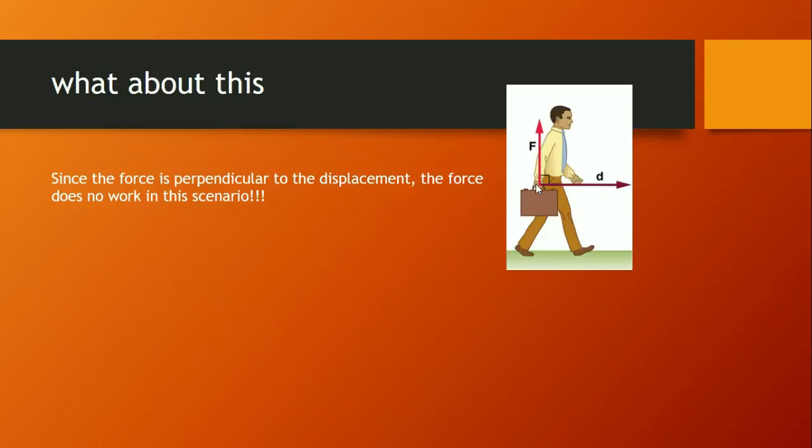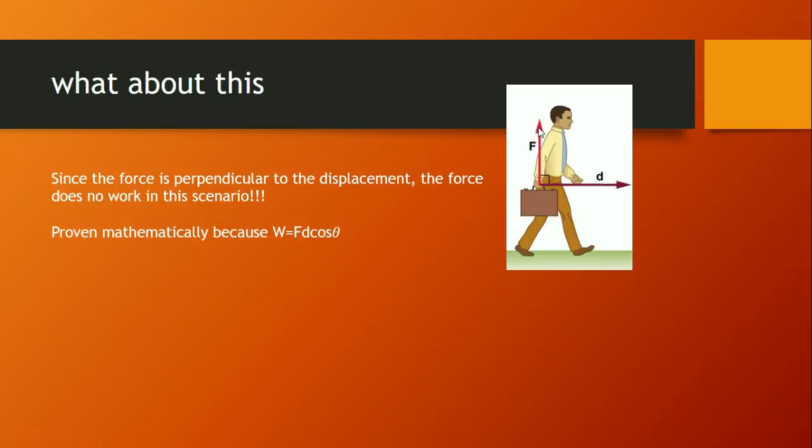because work is the force in the direction of the displacement times the distance it moved the object. Since there's no component of this force that pushes to the right here, it's all straight upwards.